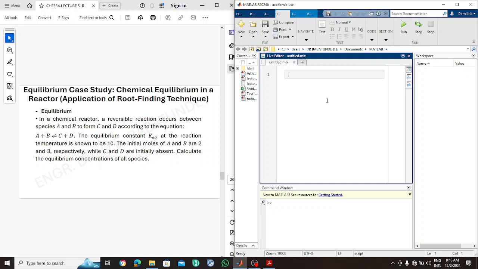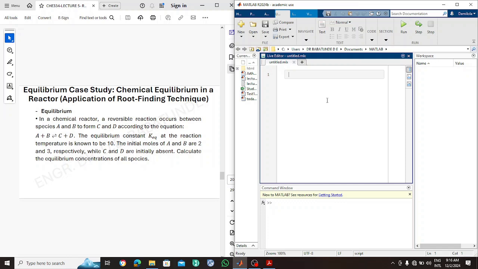For that particular reaction, the equilibrium constant is 10 at the temperature at which the reaction is taking place. The initial moles of A and B, which are the reactants, are 2 and 3 respectively. C and D are initially absent. Calculate the equilibrium concentration of all species.